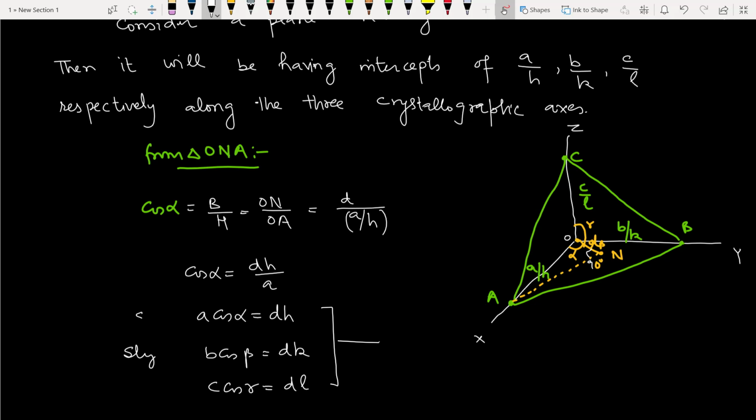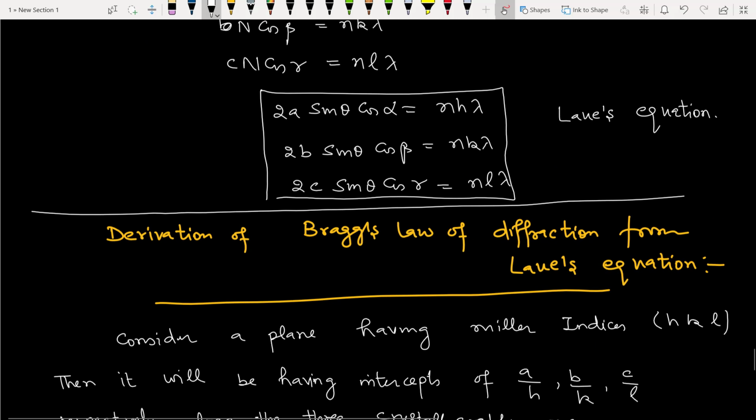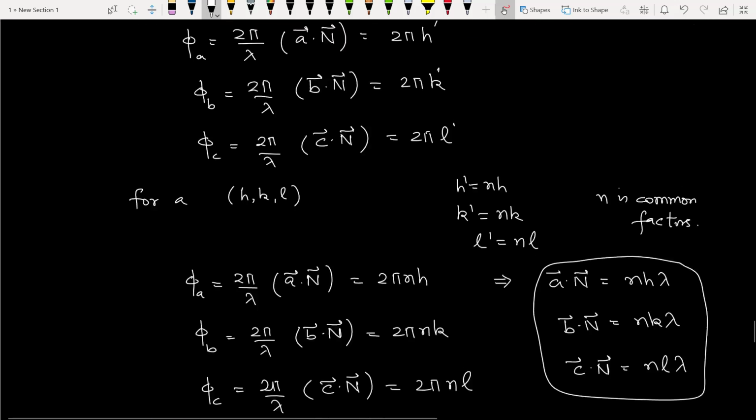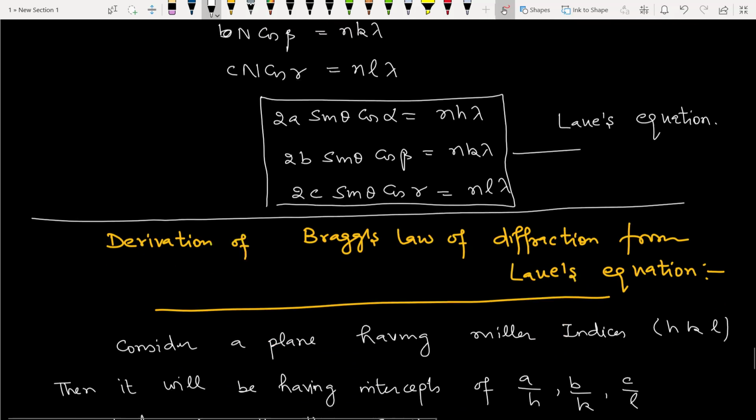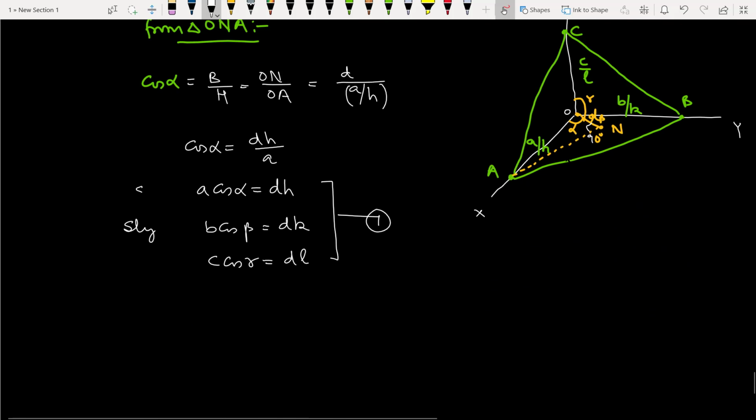If we use this in the Laue equations, we represent this as equation number 5 of the previous article and equation number 1.